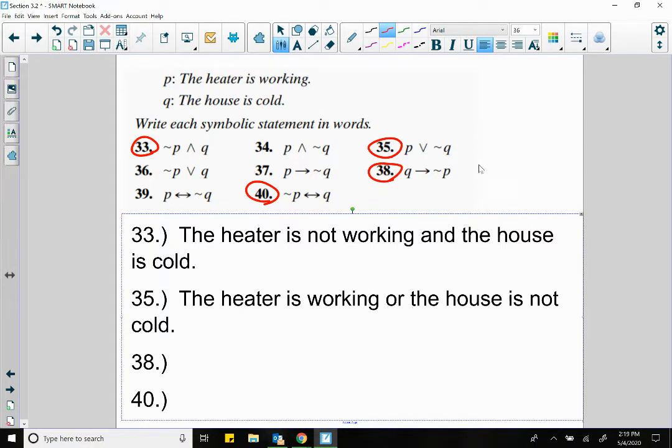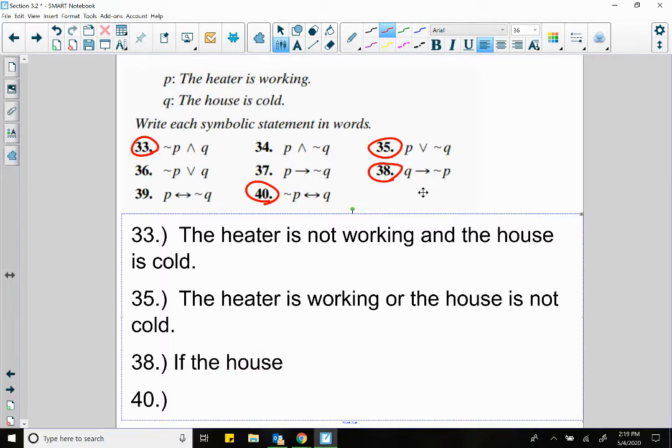And here, my first symbol is a Q, but I also see that arrow there. That means that this is an if-then, so I need to start with the word if, because of the arrow. And now I put in my Q. Remember, this arrow represents the word then for us. That's really how I think about it. Our Q is the house is cold.